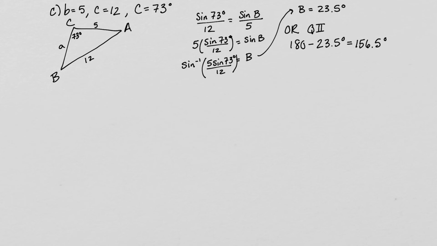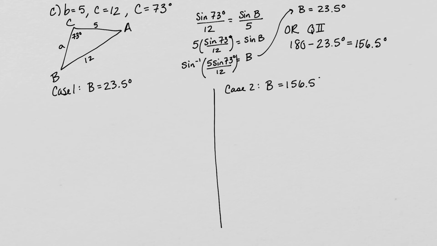So just like before, we have two cases. Case 1, B equals 23.5 degrees. Case 2, B equals 156.5 degrees.